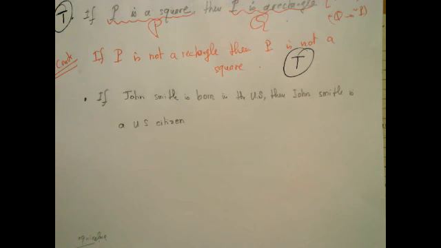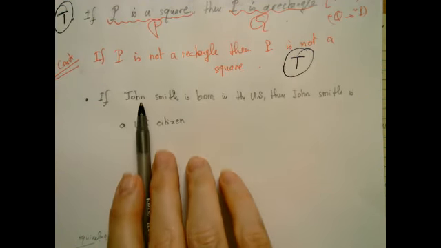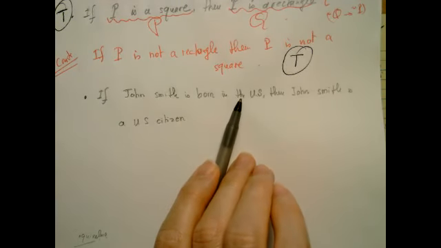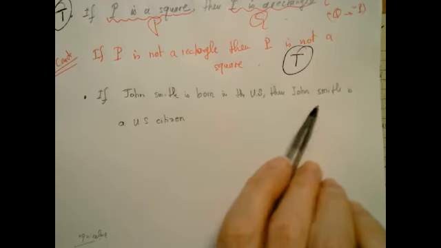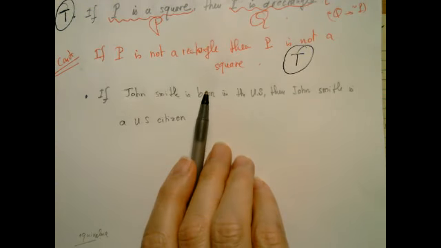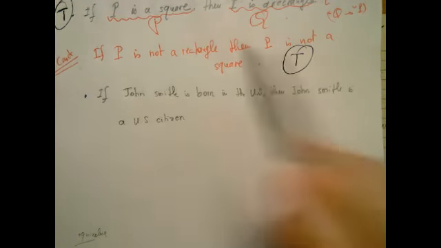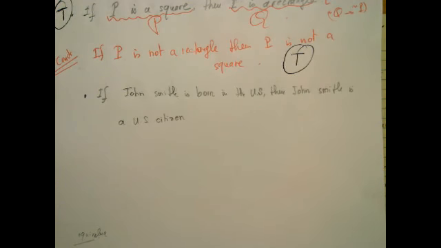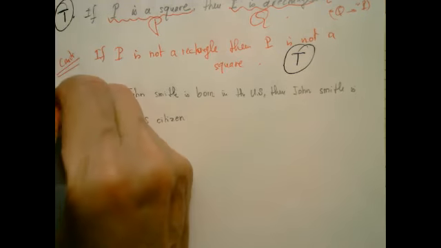Yes, because if John Smith is actually born in the US, immediately he's a US citizen. If John Smith is not born in the US, my premise is false, so I don't really care whether he's a US citizen or not. So whether we know John or we don't, this is an absolutely true statement.